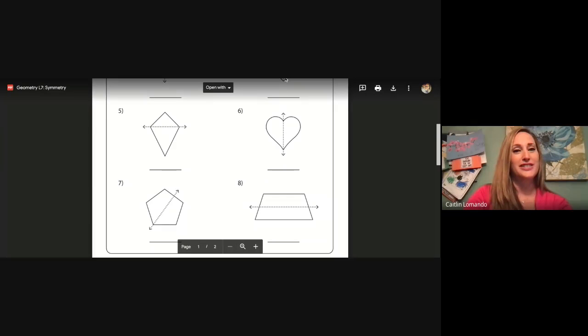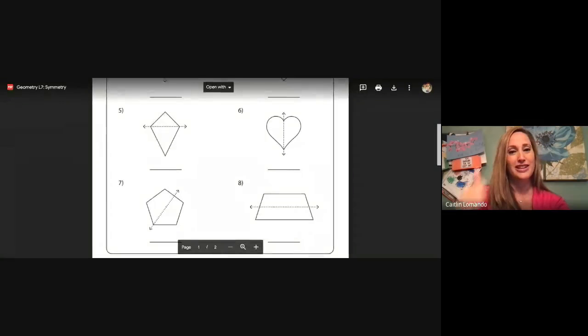Image 7. Does that image have a line of symmetry given? Yes or no? Let's pause and discuss. And lastly, number 8. Does that image have a line of symmetry given? Yes or no? Let's pause and discuss.